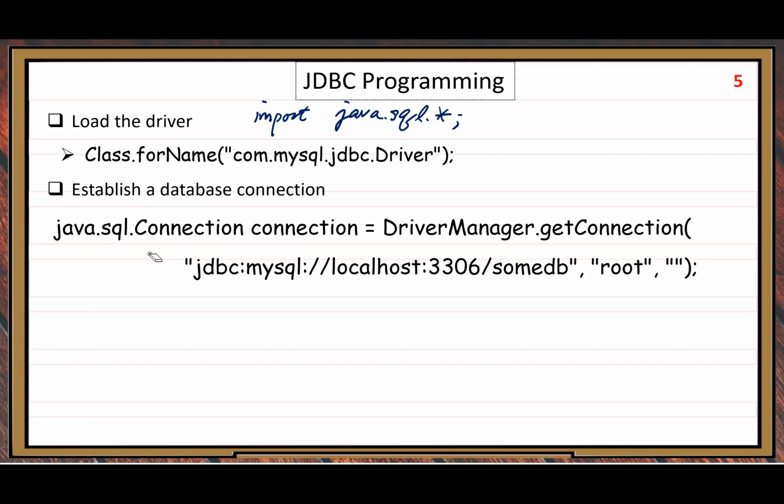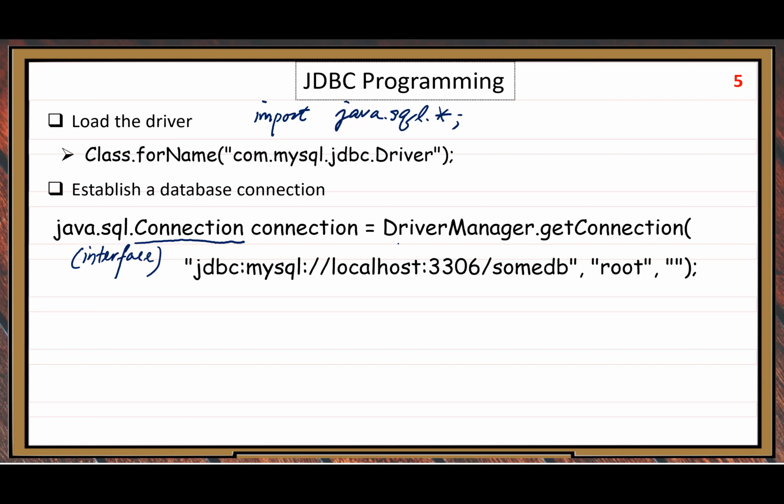Then the DriverManager. Because Connection is an interface, we know an interface does not have a constructor. But if we want to create an object of this interface type, we need to use some other class to help us create it. So here you can see we do not use a constructor.